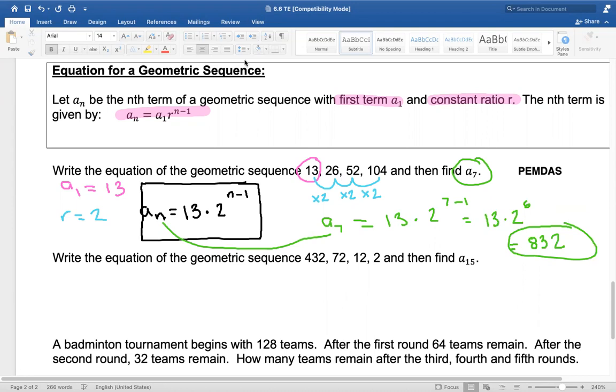Moving on to the next one, we can do the same thing. Here we have A1 equals 432. The ratio is 1/6.